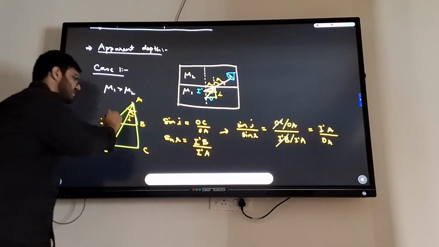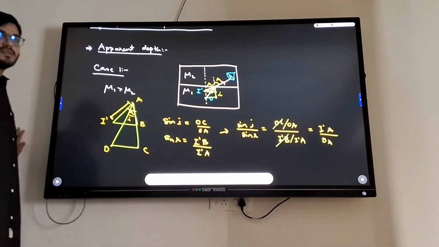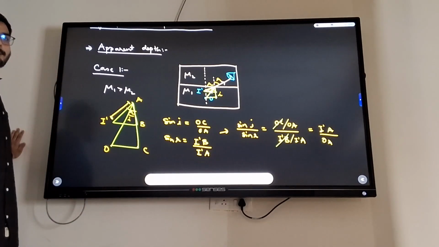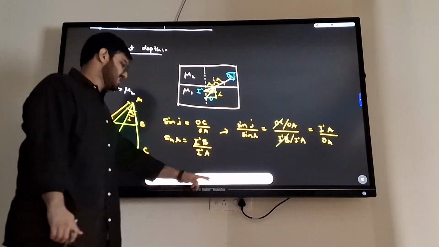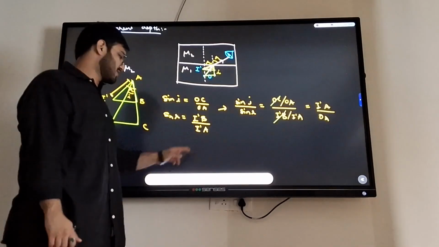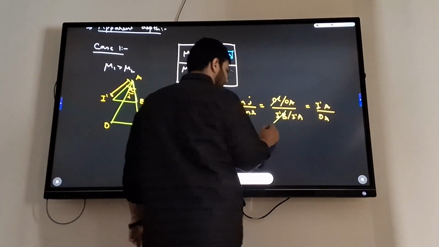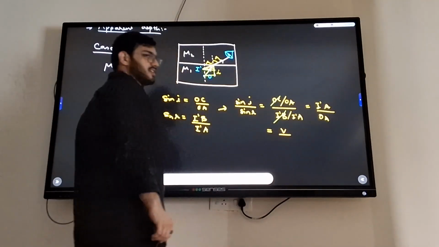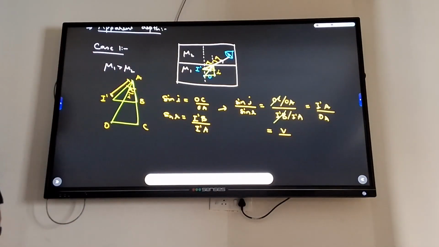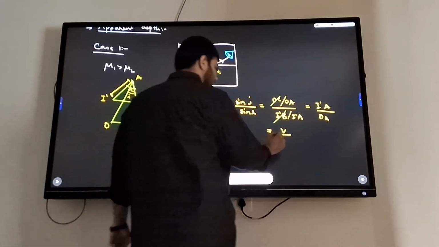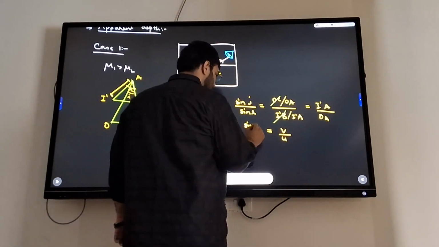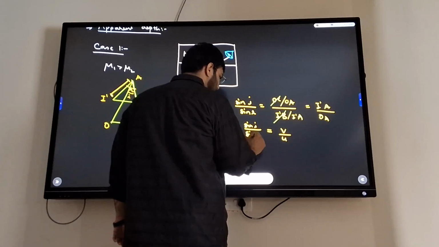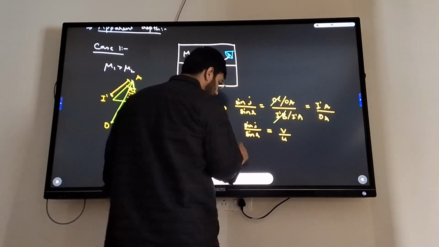Then what is this distance called? The distance at which the image is formed. What is that called? Image distance. Very good. Wow. That's called image distance. So I should write it as V. What is OA called? Object distance. That's U. So what is the relation between object distance and image distance here?